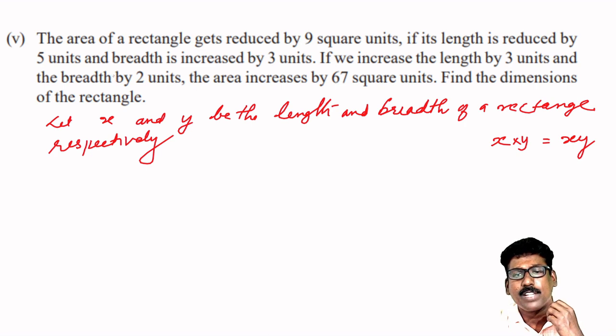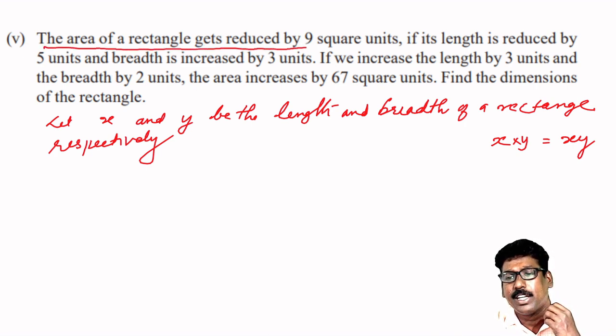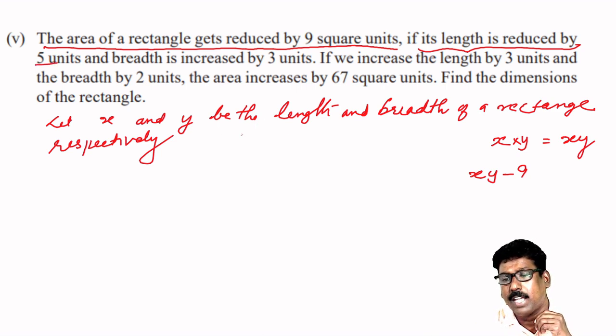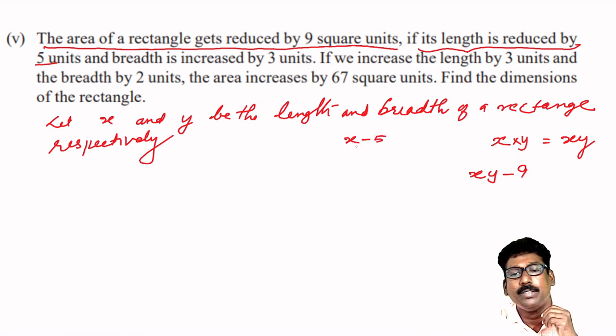Now look at the first condition. The area of the rectangle gets reduced by 9 square units. That means xy gets reduced by 9, so area minus 9, that is xy minus 9. When its length is reduced by 5 units, length is x, so it is x minus 5.